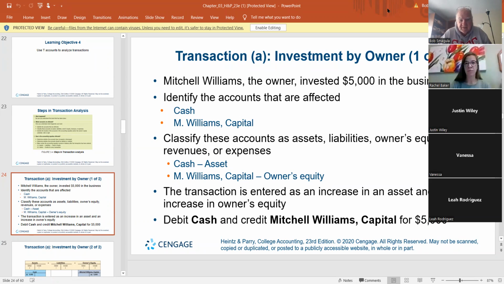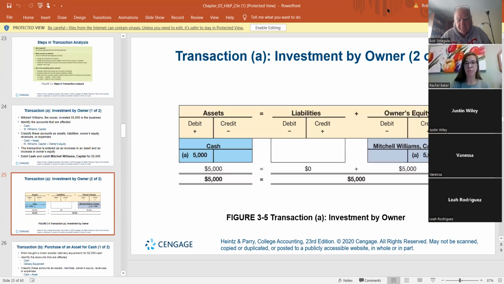Cash is an asset. Williams Capital is owner's equity. So this transaction is going to increase an asset and increase owner's equity. So we're going to debit cash and credit Williams Capital for $5,000. And there it is in T account form. We now have a business worth $5,000.